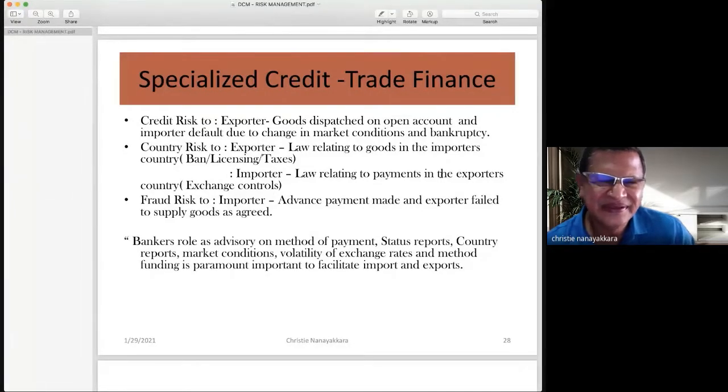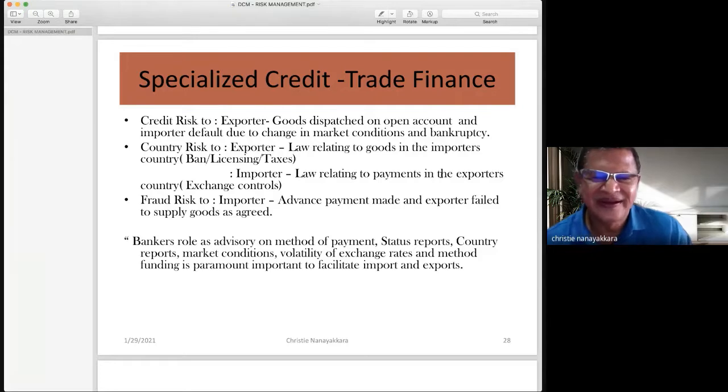So we'll say importer I now comes to the bank and says, I'm going to continuously import these items from Japan, and the maximum value outstanding at a particular time will be, say, 10 million. So he will request the bank to establish a letter of credit limit of 10 million.